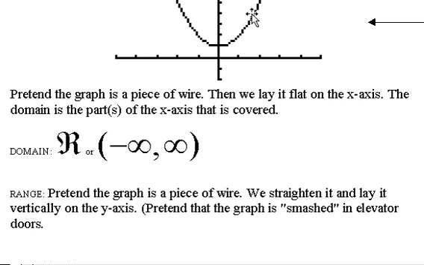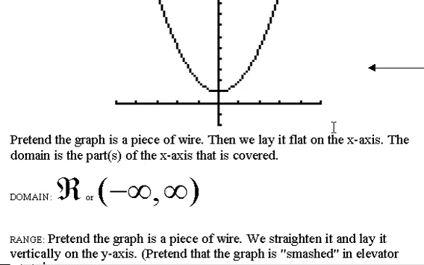If this end comes in and this end comes into the y-axis, and this is pushed in this way, and this side is pushed in this way, essentially this side is coming in this way, and this side is coming in this way, and all the y values are going to be coming into the y-axis.